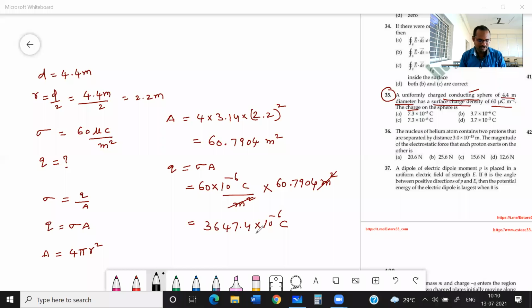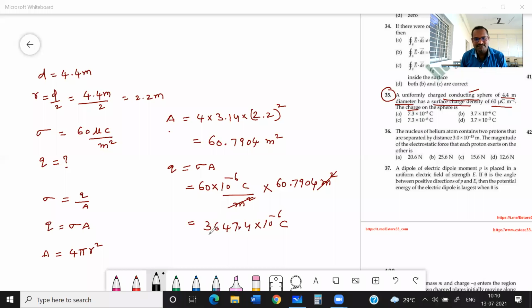A small mistake. Here, the area is 4 into 3.14 into 2.2 into 2.2, which is 60.7904. That's correct. Now everything is correct. Now see, 1, 2, 3.